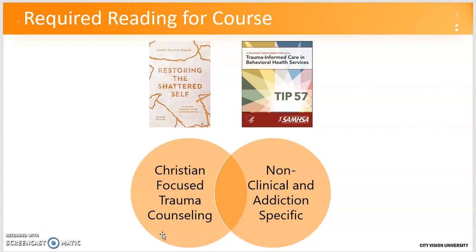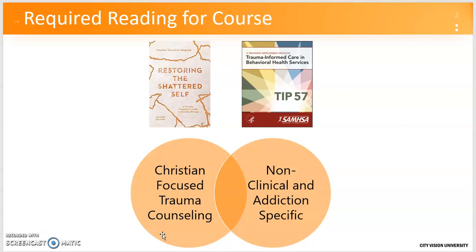The first one is entitled Restoring the Shattered Self, and it's a little hard to see the subtitle in this view, but it is a Christian counselor's guide, which is certainly one of the primary reasons we chose this particular text. There are obvious benefits of bringing Christian counseling into a trauma scenario. One of the primary healing components of trauma is hope, and we know the source of hope. So this is a primary text that we will be using.